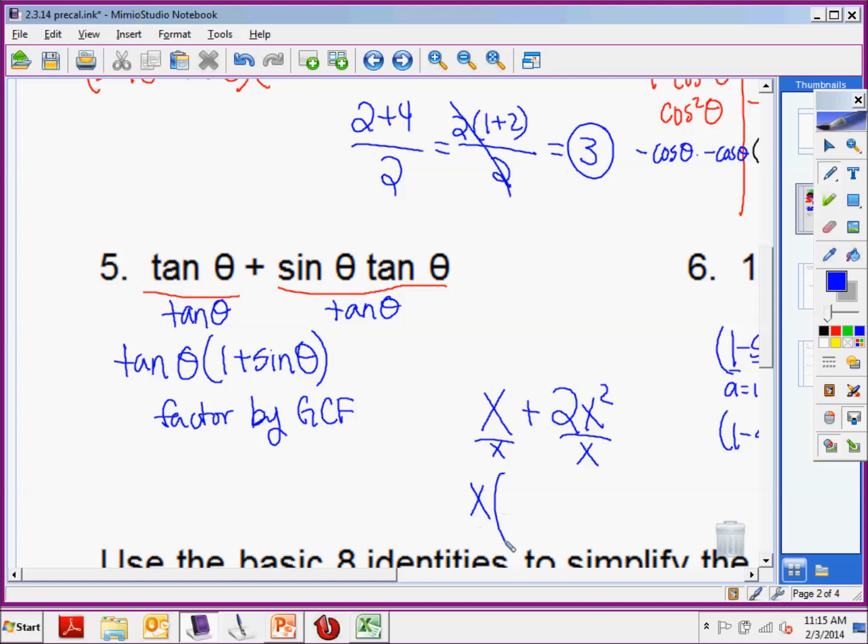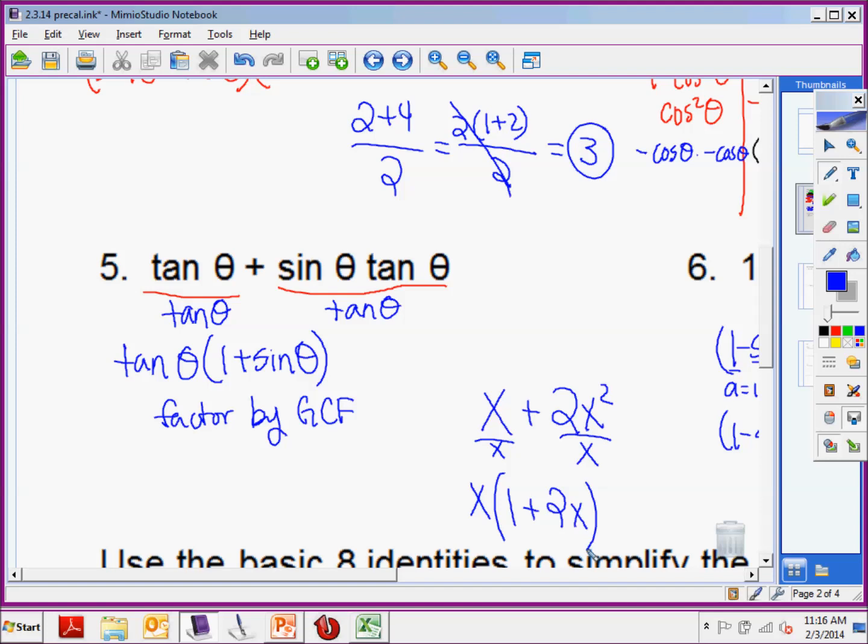So x divided by x is 1, and then the 2. And then x squared divided by x is x. So this is the factored form of this statement. And if I took that x away, would these be equivalent statements? No, because this has less x than that one.